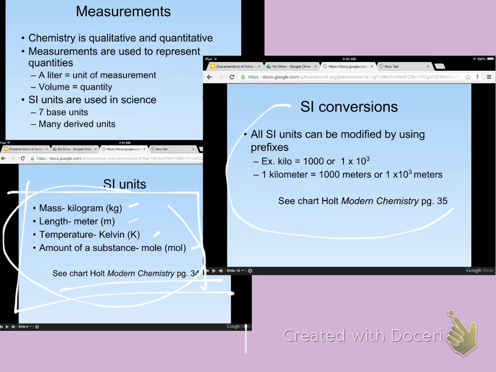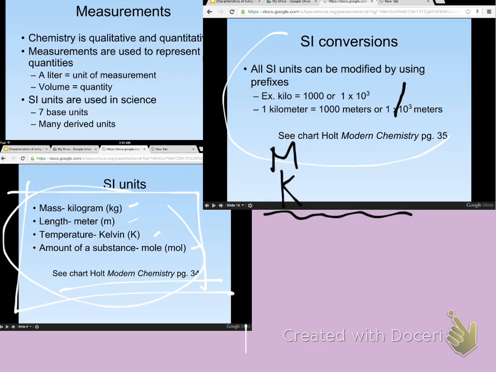Everything, you know how to modify using prefixes, especially because you did the summer video. So if you would be so kind as to look at page 35, the ones that you're going to add to your current list. So you've already got mega, kilo, we'll put our wiggly line. We've got mega, kilo, we've got centi, we've got milli. We're going to add to that Monday. We will pick up on Monday.